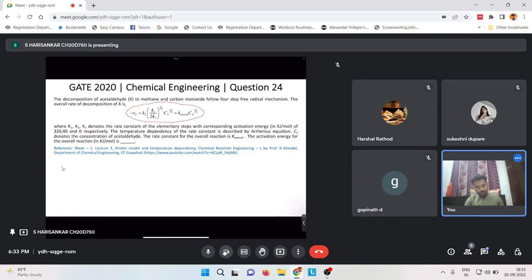So K overall is equal to (K2 K1/2K3)^(1/2). Okay, and they have said that this rate constant follows the Arrhenius equation.